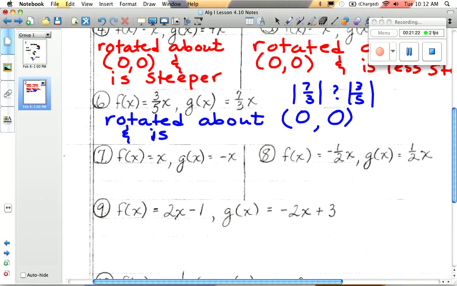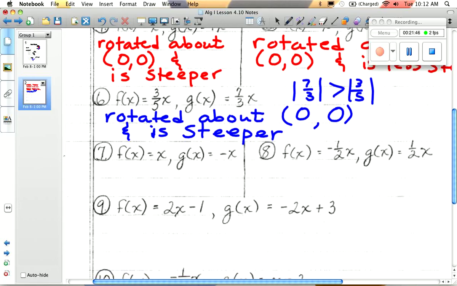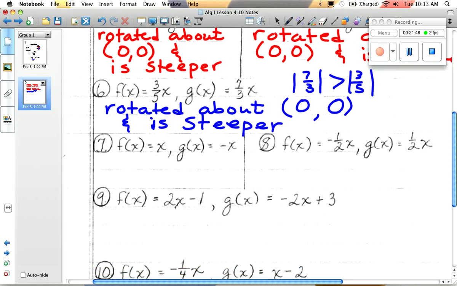So, you might want this in your notes so you understand why we made the decision that it is steeper: because the new slope is greater than the old slope. And we compare their absolute values, of course. Anybody have questions? Were you successful with that one? Awesome. Okay, number 7.